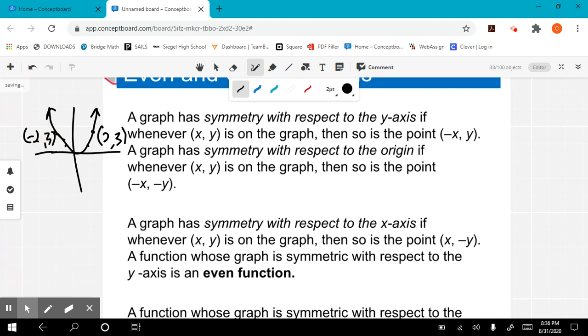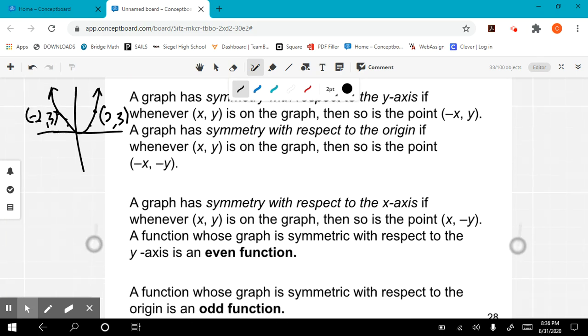All right? So graphs or functions that follow this pattern, well, it doesn't say if that's odd or even.